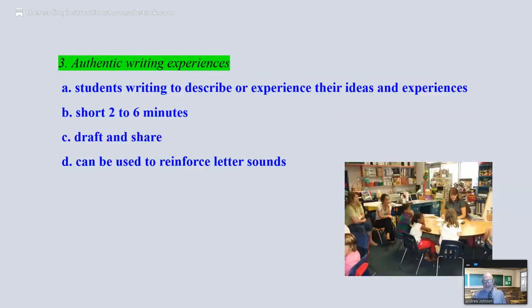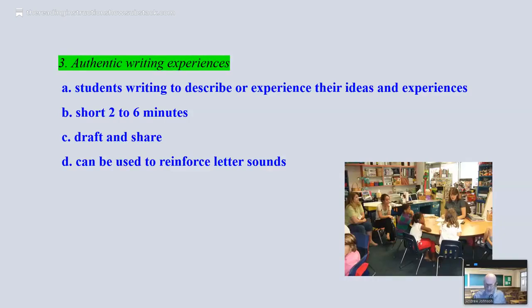Authentic writing experiences is where students write to describe their experience or their ideas. And we allow them, encourage them to use temporary spelling. If you don't know how to spell it, just use a few letters to hold the ideas. These are 2 to 6 minutes, where they usually draft and then share with a partner or in small group.